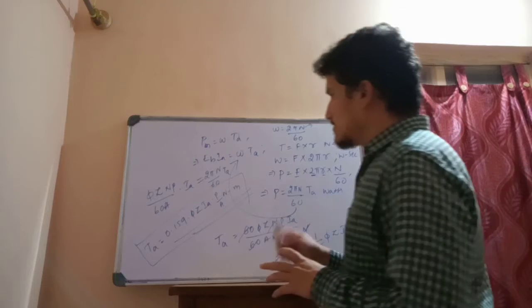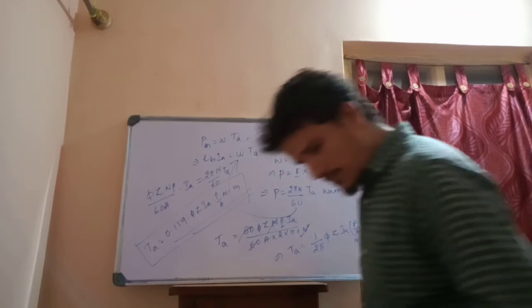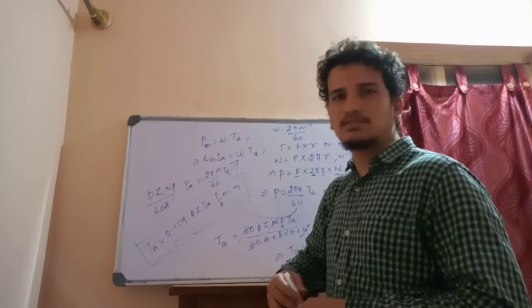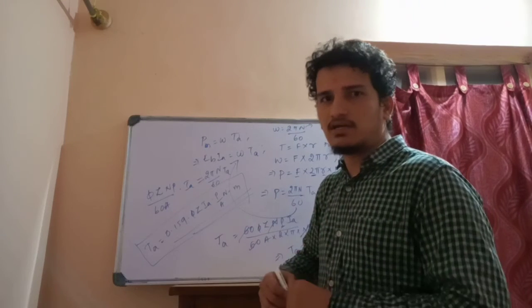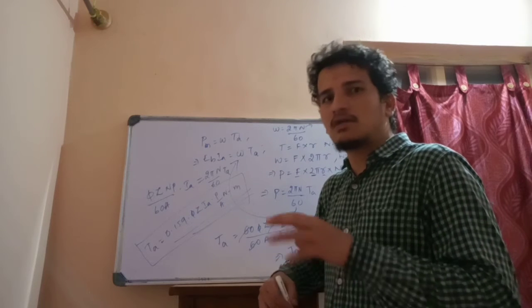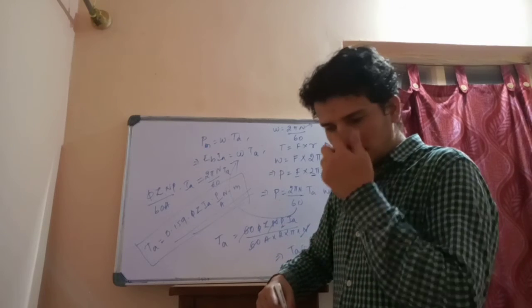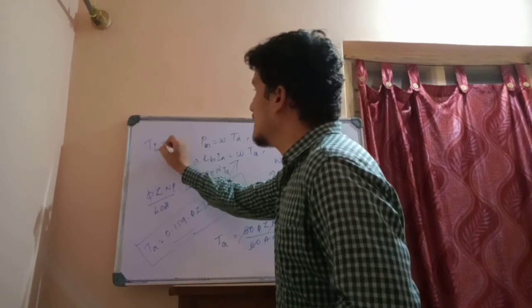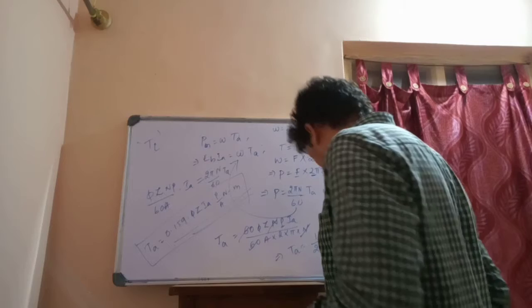Next, this is the net armature torque that is developed. It is a theoretical torque, but due to losses in the armature, some torque is lost. That is given by TL, the torque lost.